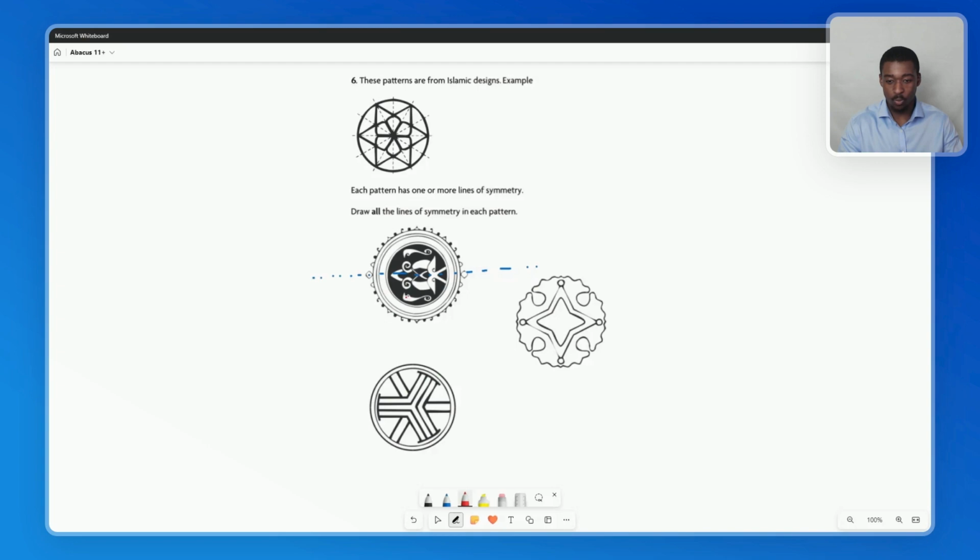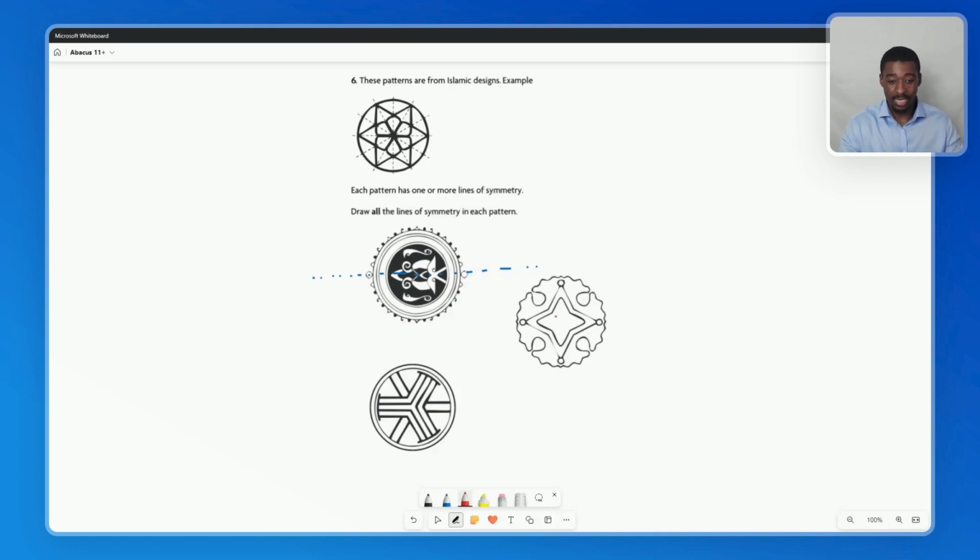So this little pattern here would line up perfectly with this pattern here. This section here would line up perfectly with this section here. If we folded it over, the two sides would fit together perfectly. They would both look the same. And that's how we know we have a line of symmetry. Or in other words, they're reflections of each other.